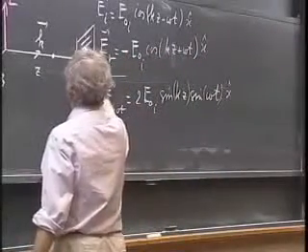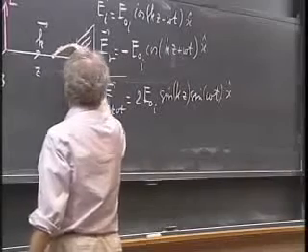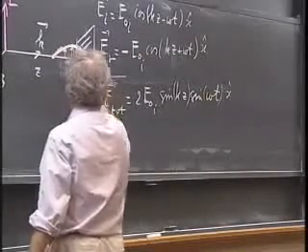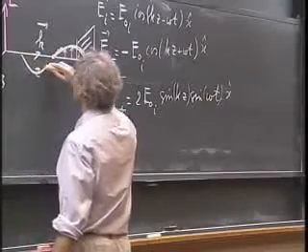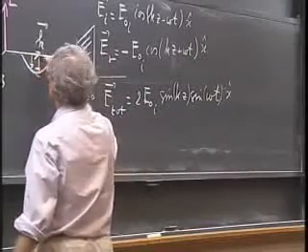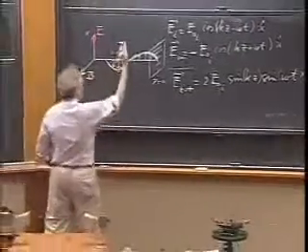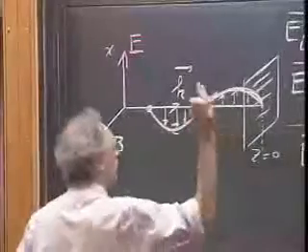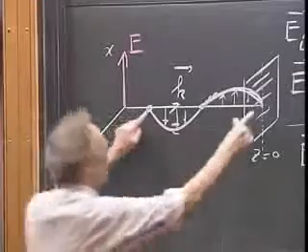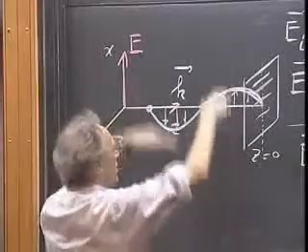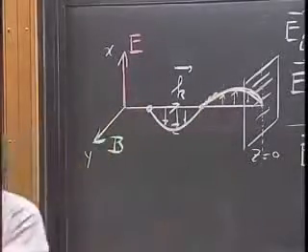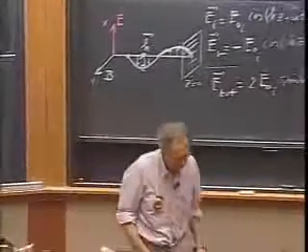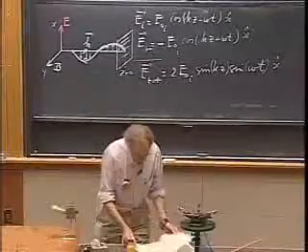So I'm trying to draw the curve of the E vector, the sinusoidal curve, so the E vector may be up here, and then the E vector would be down here. But it's all in the plane perpendicular to the blackboard the same. So this is a nodal surface, this is a nodal surface, this is a nodal surface, this is the wavelength, and the E vectors go like this. Nothing is moving anymore in this direction, it goes like this. Standing wave. With nodal surfaces.